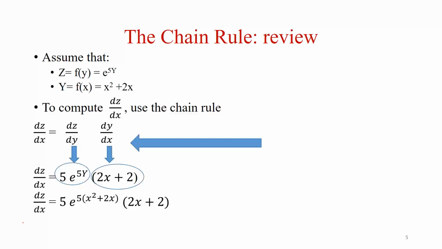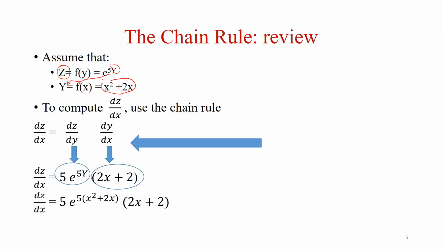Let's take an example function here. I have a function z, expressed in terms of the variable y here. Then I have the variable y right here. It turns out it is a function of x, and this is the value of y.